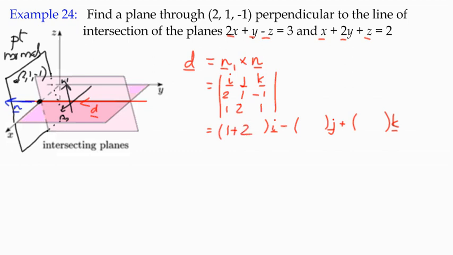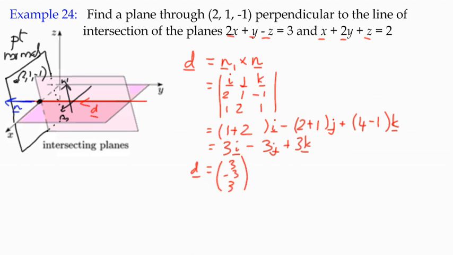In the second one, I'm going to have 2 subtract negative 1. And for the third one, I'm going to have 4 subtract 1, which gives me 3i minus 3j plus 3k. That's quite good. Remember, I don't need to use that as is. So we could say that d is 3, negative 3, 3.